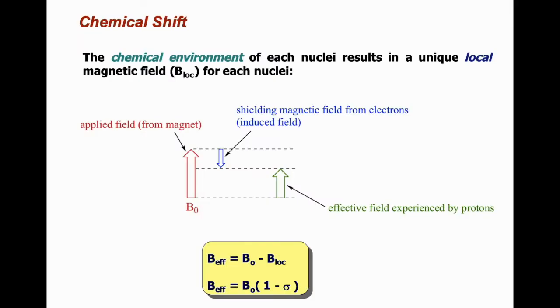This is the whole description about the origin of the chemical shift. I just pointed out that the electron density around a particular nucleus is actually responsible for the different chemical shifts, or different peaks, that we observe in any NMR spectrum.